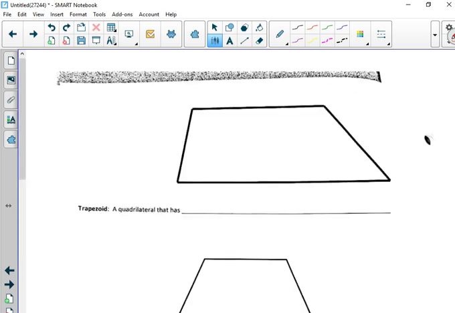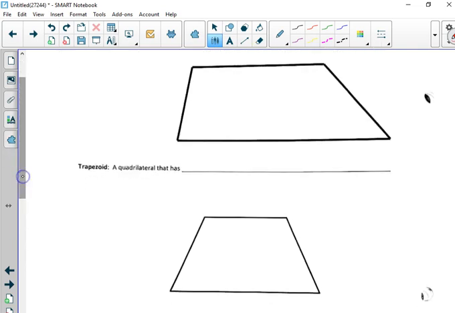Okay, and our last shape is a trapezoid. And a trapezoid is a quad that has 1 pair of parallel sides. So this one is parallel to this, top and bottom.